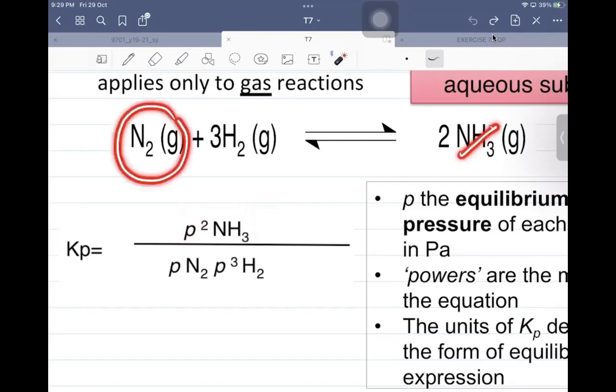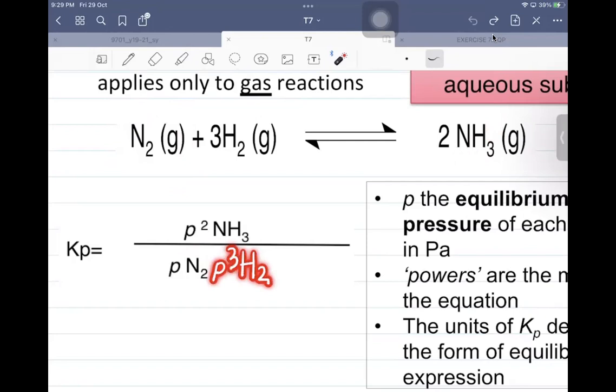Okay, so that's your product done, over the partial pressure of your reactants, P of N2. You can include your state symbols or you can leave it out, that's fine. Times by, we don't usually write down the multiplication symbol, P, the partial pressure of hydrogen raised to the power of 3 because the mole ratio of hydrogen is 3.